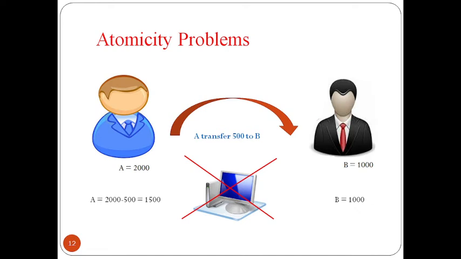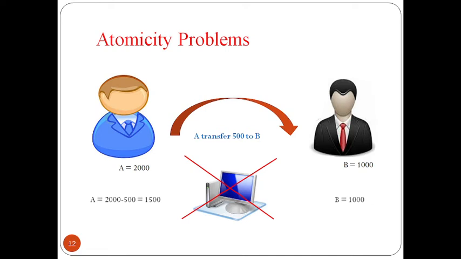After the transaction, the database amount should again be the same, 3000 rupees. Then only can we say that the transaction is completed, or else it is not completed at all.